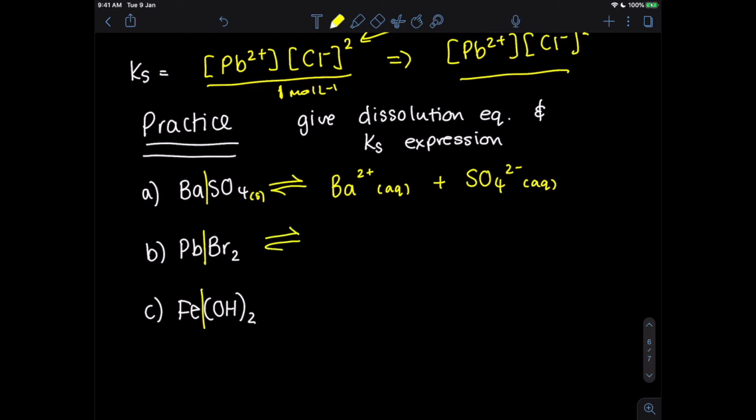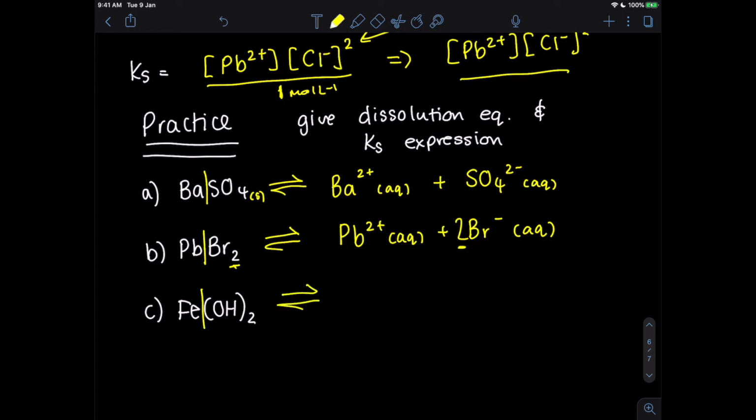Lead bromide, Pb2+, which you'll have to know from memory, or take into account the 2 Br- ions that are present and add them together. So 2 Br- gives an overall charge of -2, so therefore to balance it out, lead must be a 2+ ion.